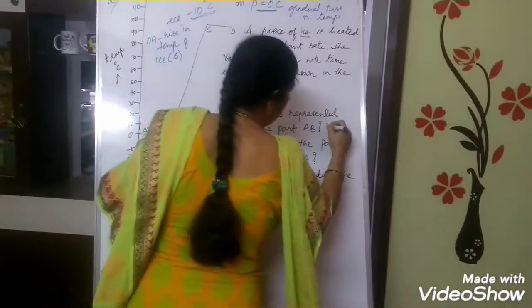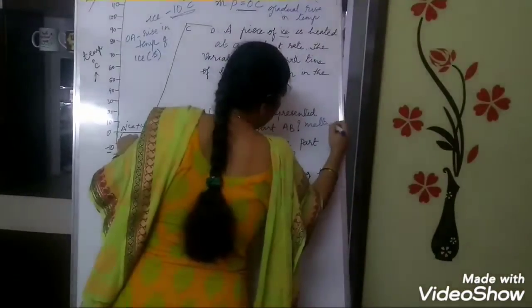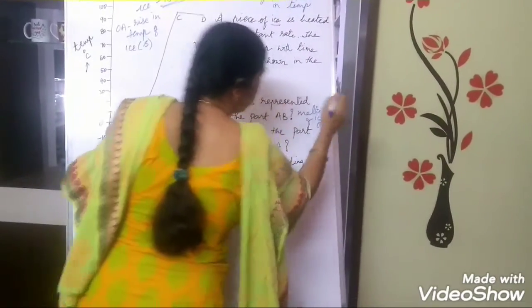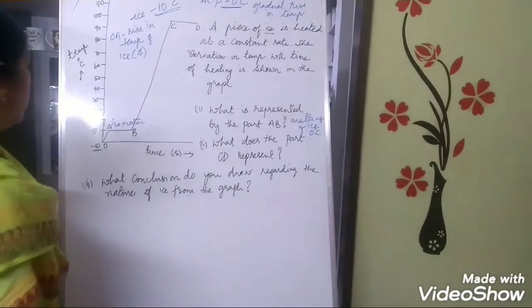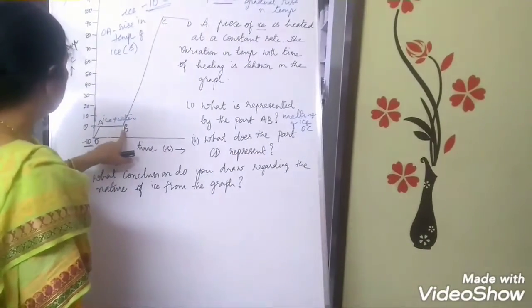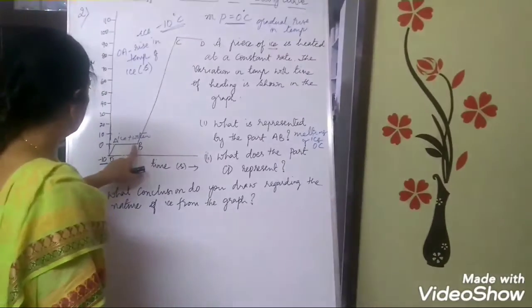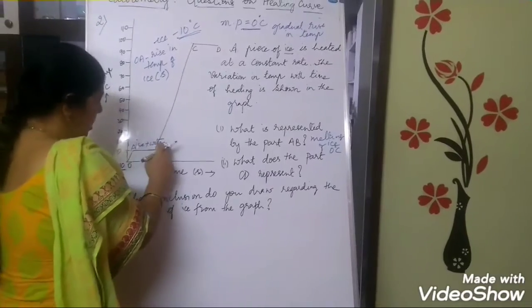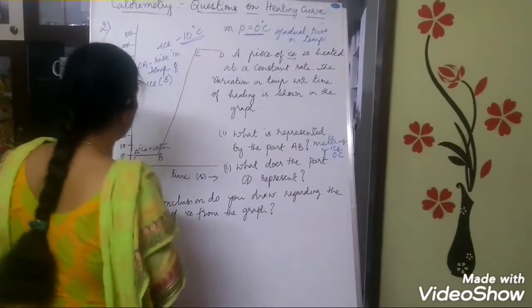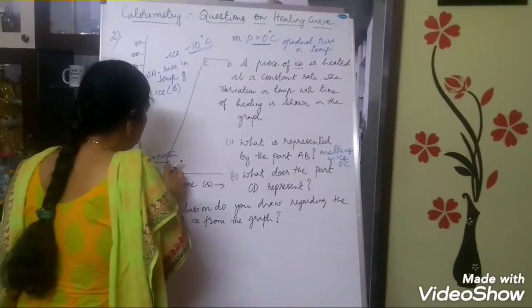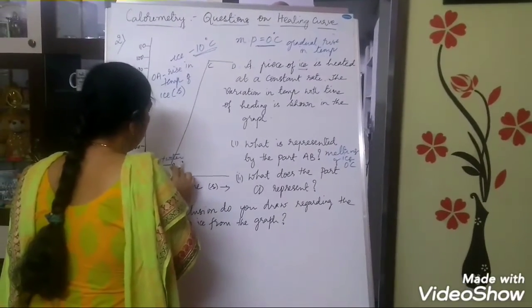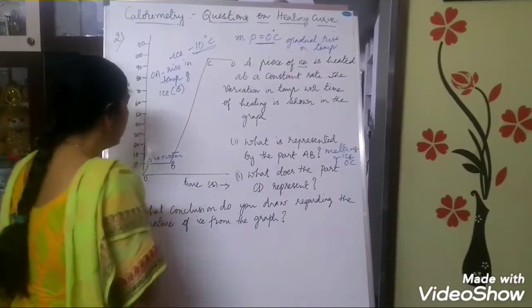AB represents melting of ice. And what is the temperature here? 0 degree Celsius. Now, after B, after some time, when all the ice has converted to water, then what happens? Again, there is gradual rise in temperature of water, and that can be observed from part BC of the graph.